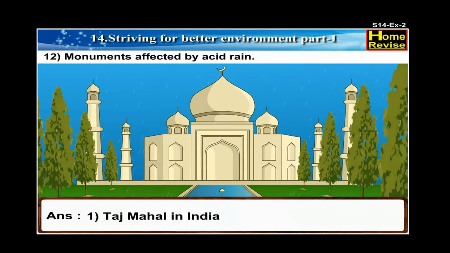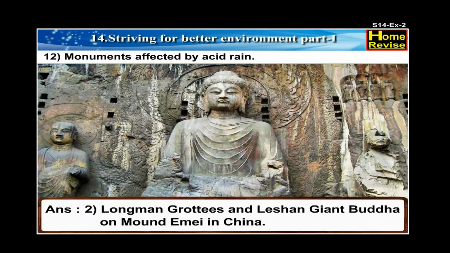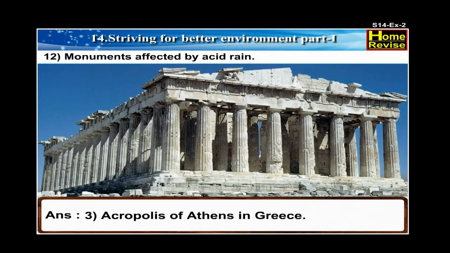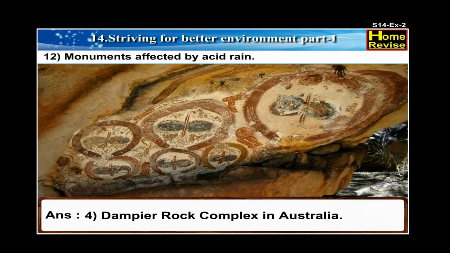Taj Mahal in India. 2. Long mangrove trees and Leshan giant Buddha on Mount Imi in China. 3. Acropolis of Athens in Greece. And 4. Dampier Rock Complex in Australia.